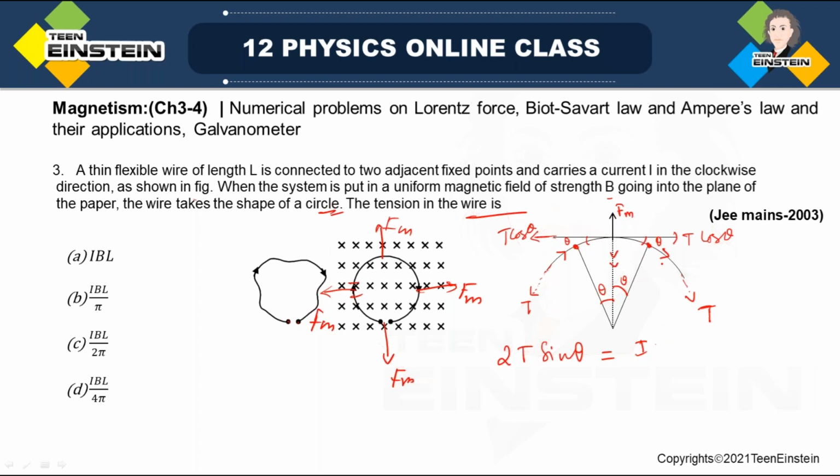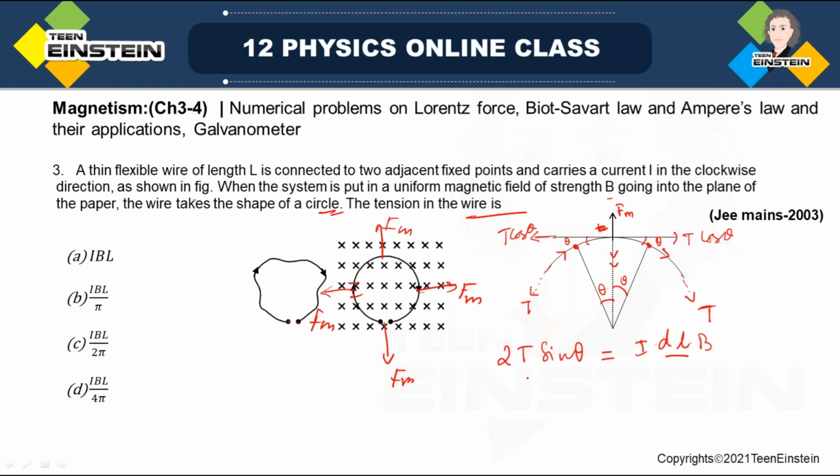Suppose the whole length is L, so this has some length dl, I dl, and the magnetic field is given as B. So I dl B, and in this case dl and B will be perpendicular. Now what is this dl and what is this theta?